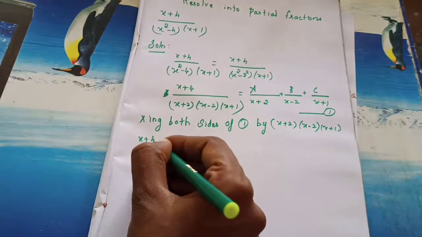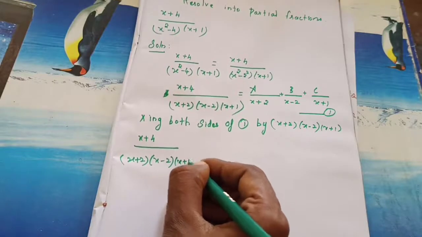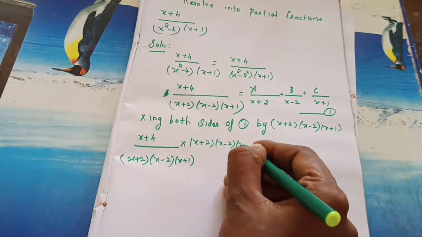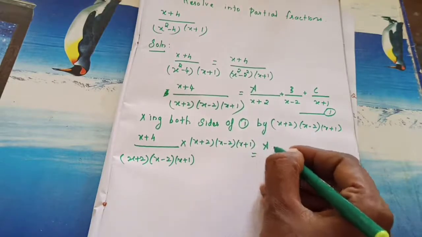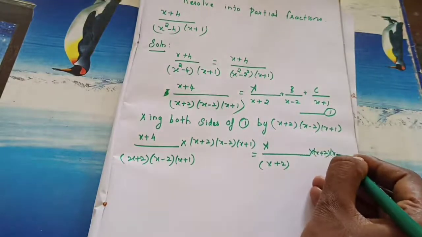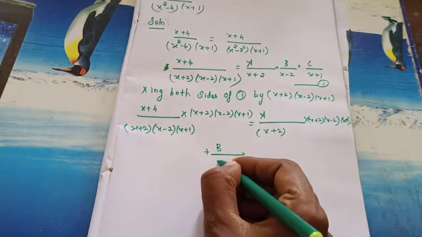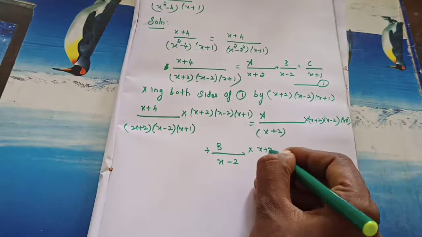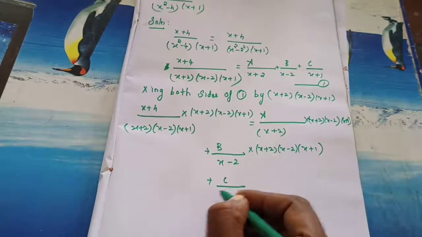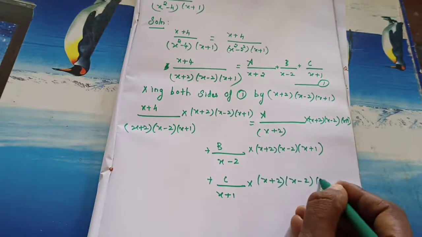So (x + 4)/((x + 2)(x - 2)(x + 1)) into (x + 2)(x - 2)(x + 1) is equal to A/(x + 2) into (x + 2)(x - 2)(x + 1), then plus B/(x - 2) into (x + 2)(x - 2)(x + 1), then plus C/(x + 1) into (x + 2)(x - 2)(x + 1).